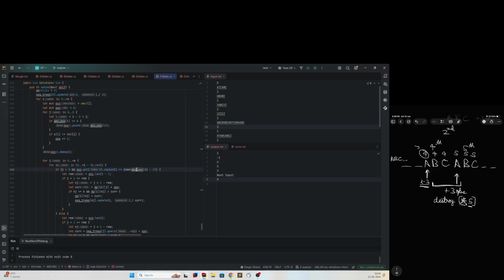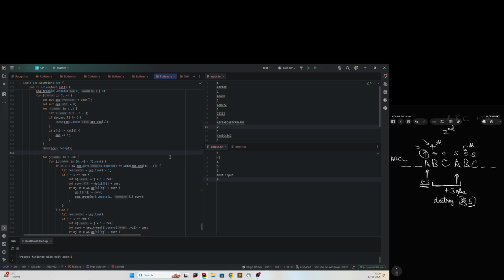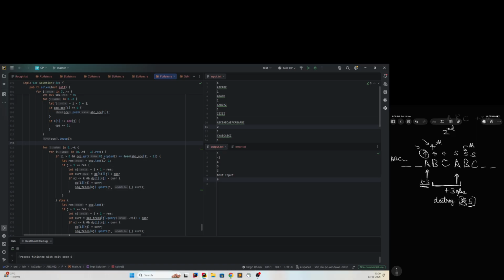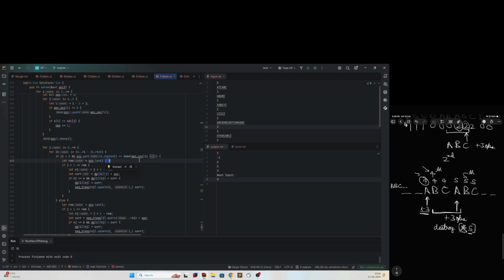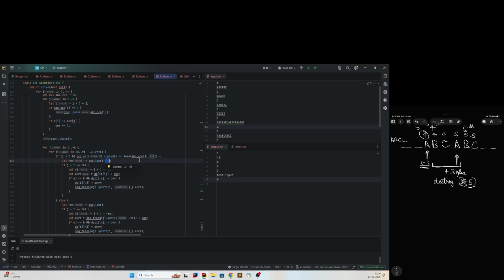ABC occurrence of i, like this is 1-based indexing, so -1. If this 4 matches this 4, that means we have already destroyed this. We need not consider this again. That is why I have taken this length -1. Instead of two elements, we are only going to destroy one. We are going to remove one.